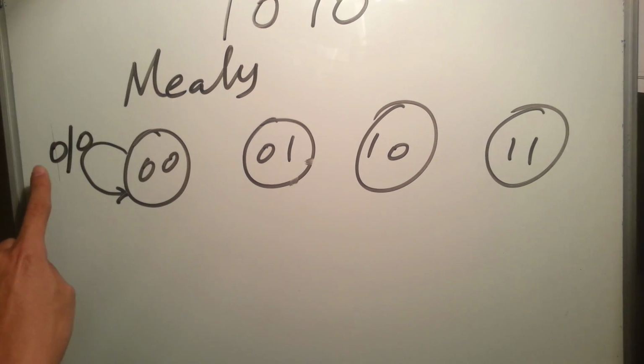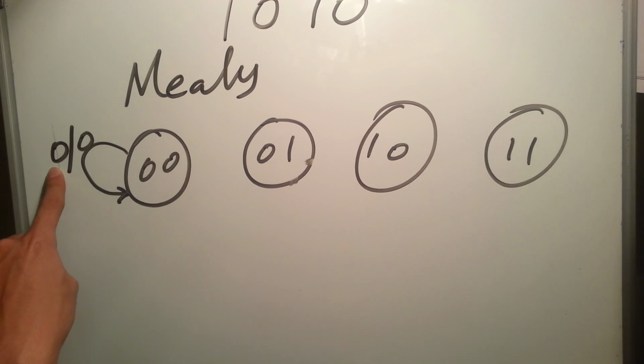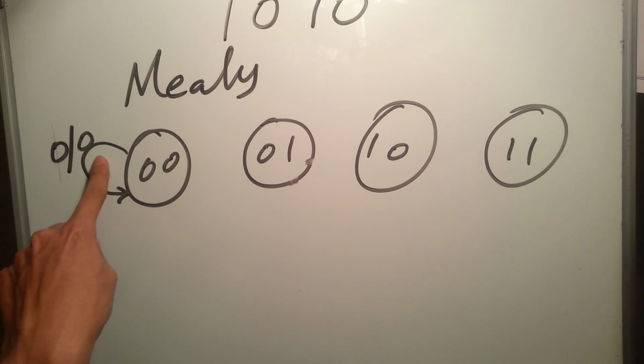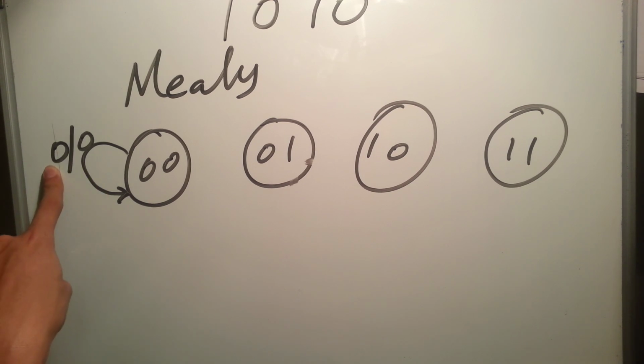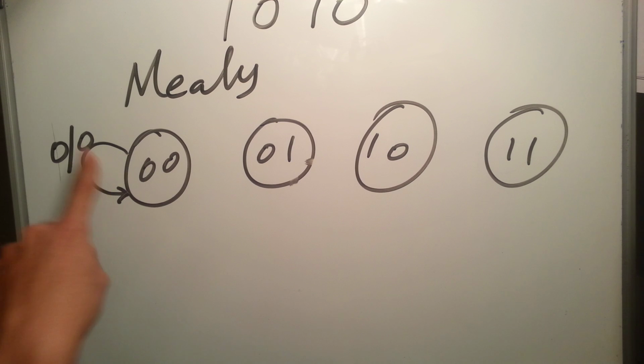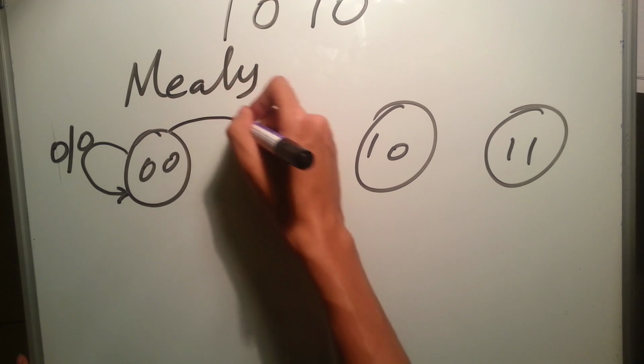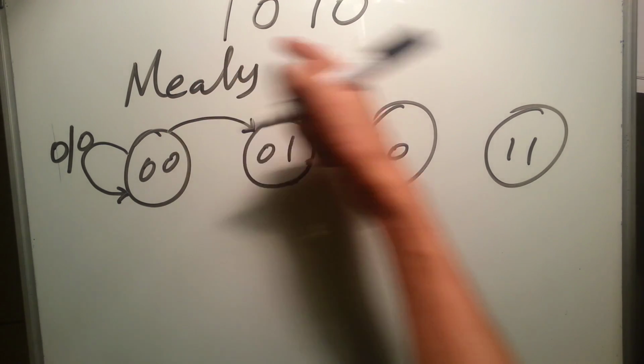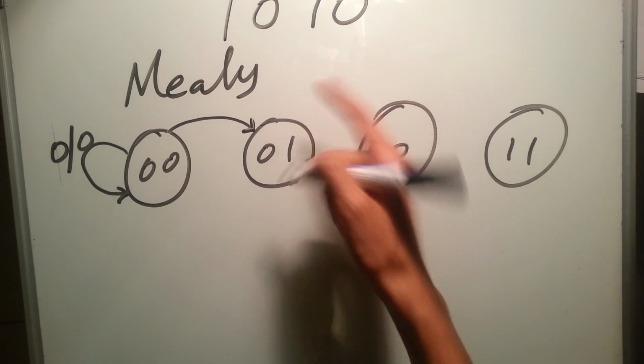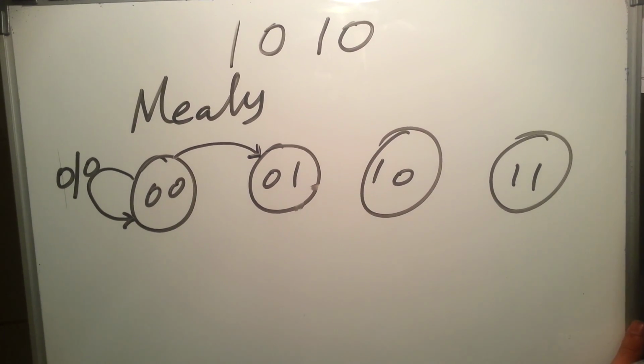You write the input and the output. If you input a 0, you'll get a 0, but you'll stay at the same state. If you input a 1, then you will move to the next state.